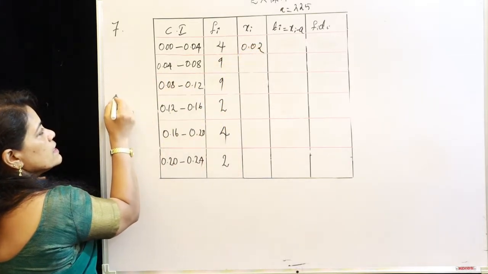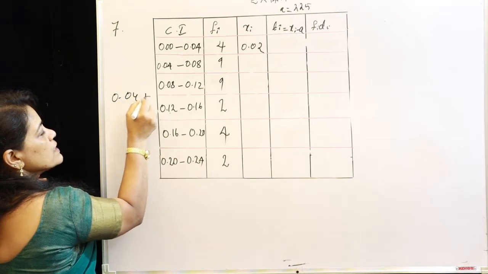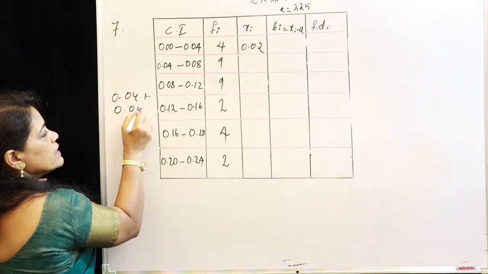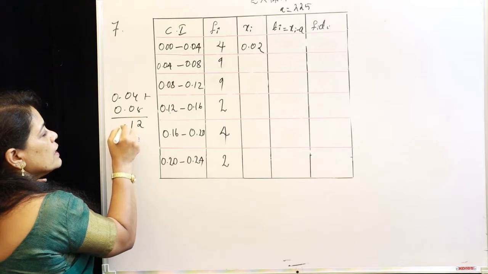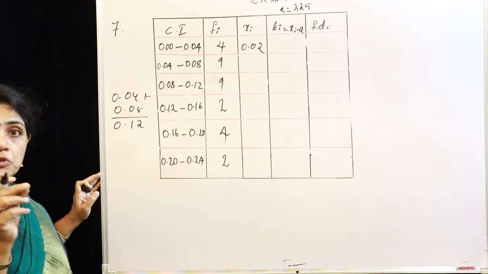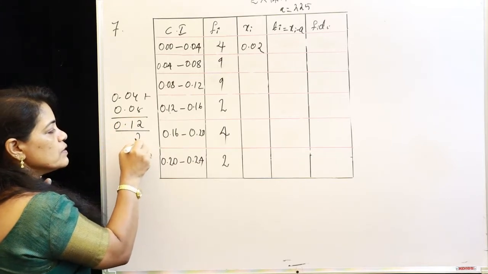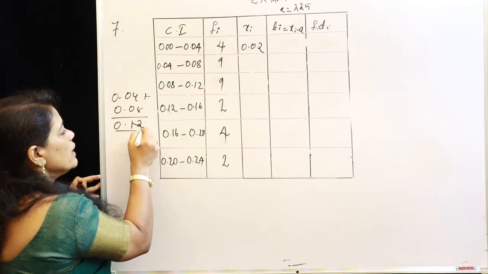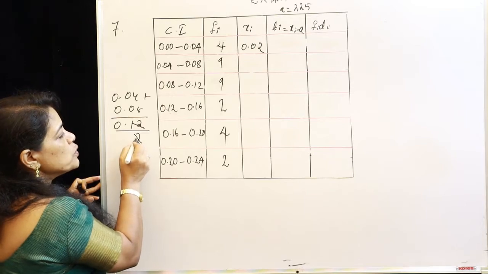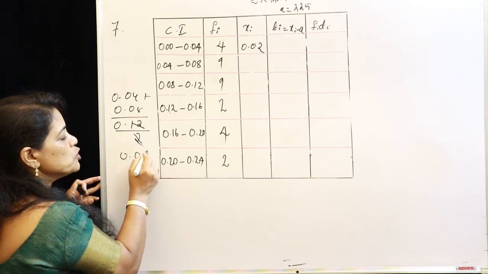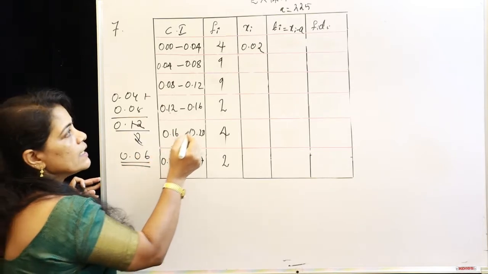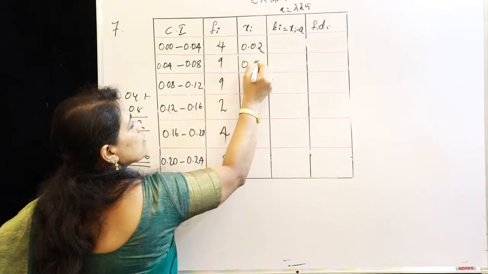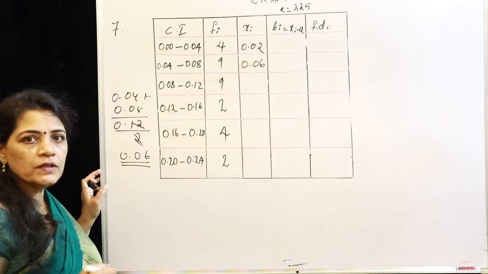Next, 0.04 plus 0.08 is 0.12, and its half, because mid value, that is class mark xi, is 0.06. Hope this is clear.